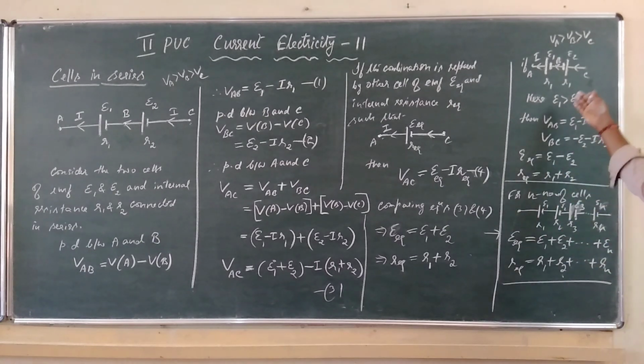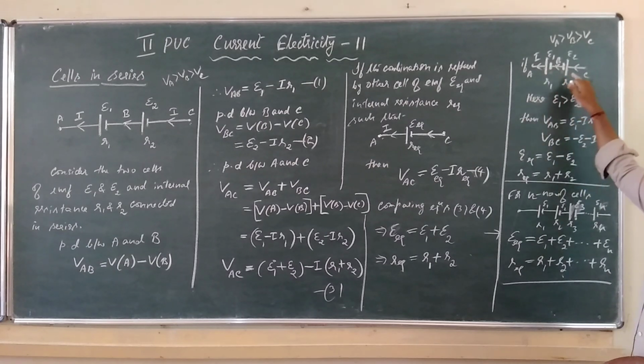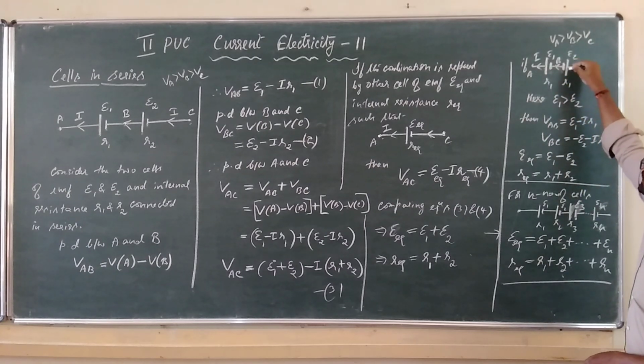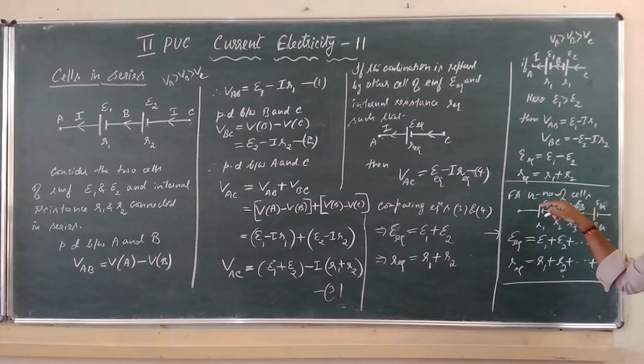So for the two cells, if the negative terminal of the other cell is connected to the negative terminal of the first cell, then the EMF of the second cell should be taken as negative, minus E2, while writing the equivalent EMF. The internal resistance remains the same, it gets added, that is the sum of internal resistances of individual cells, and doesn't become negative.